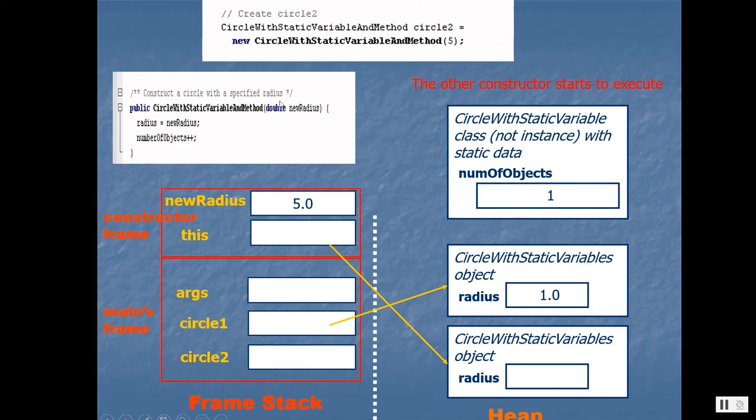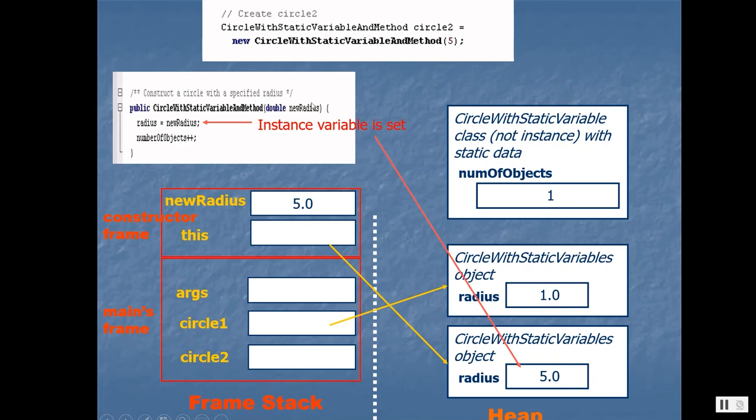This constructor has, in addition to a this pointer pointing at the new object, the formal parameter newRadius, which took a copy of the literal value 5. Even though the literal value was an int, notice that it was automatically converted into a double when it was received here.